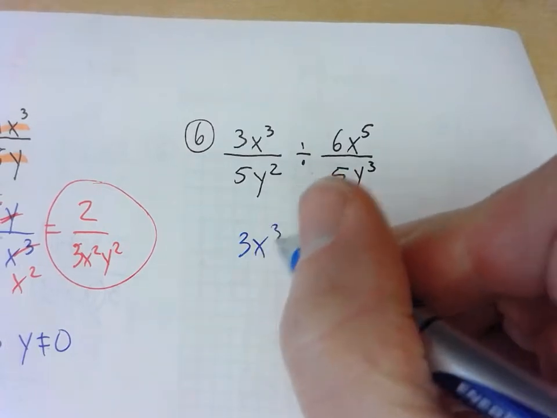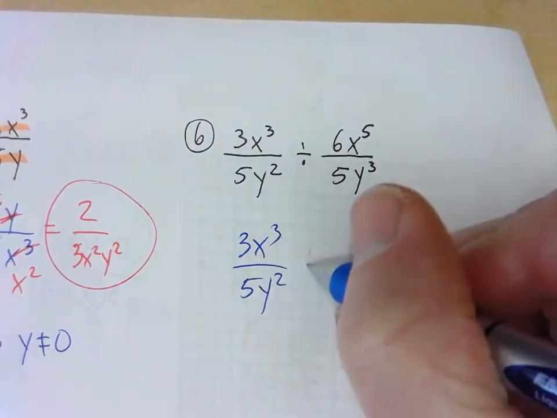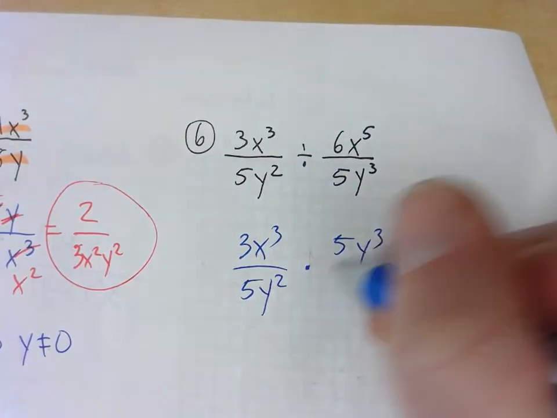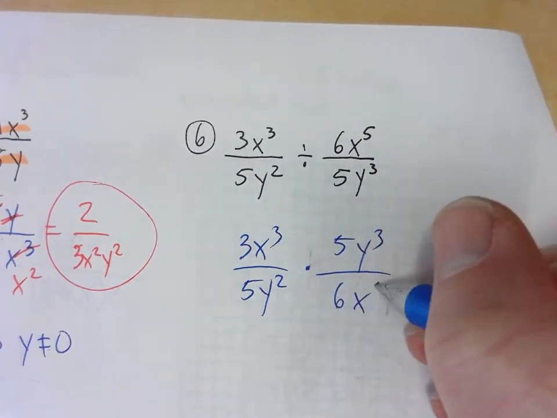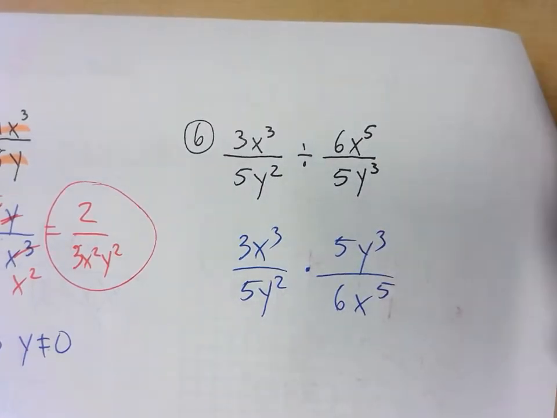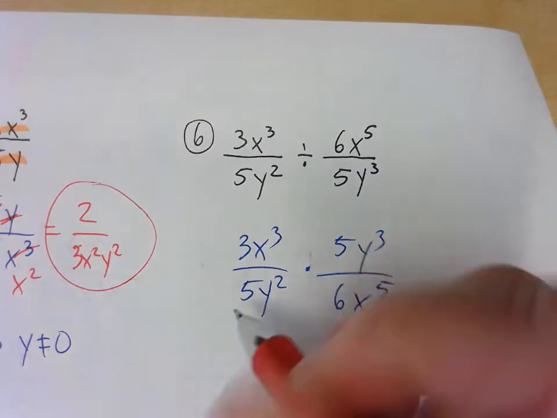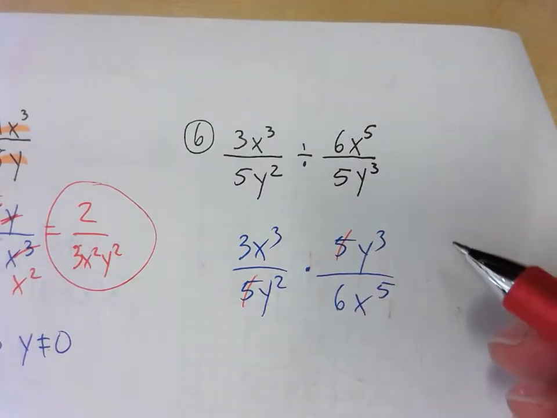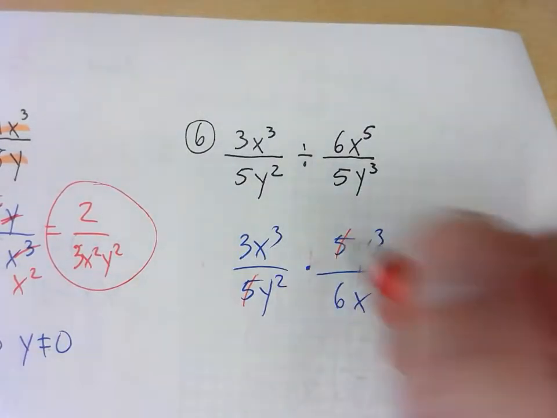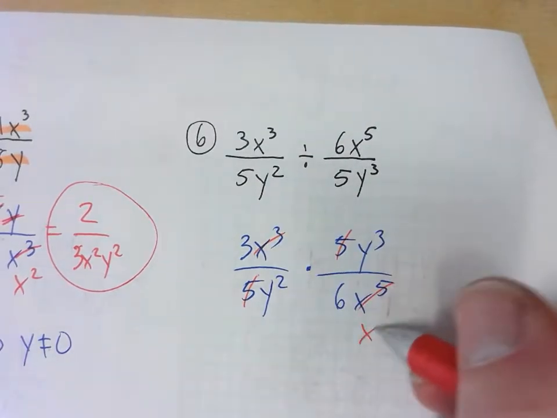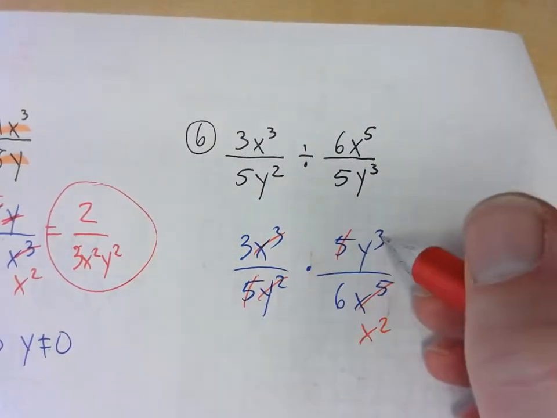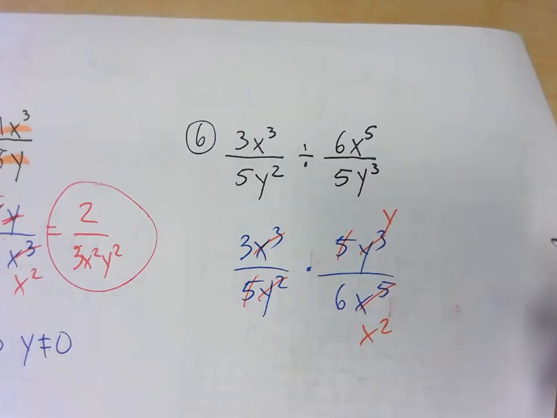So 3x cubed over 5y squared times 5y cubed over 6x to the 5th. All right, so now the 5's can be hacked away. There's 3 versus 5, so that goes away, and there's 2 down here. There's 2 that goes away, 1 lives inside of there, so that's left.